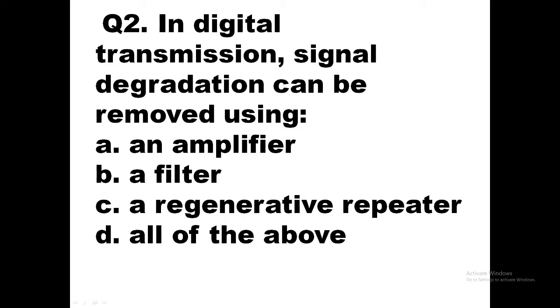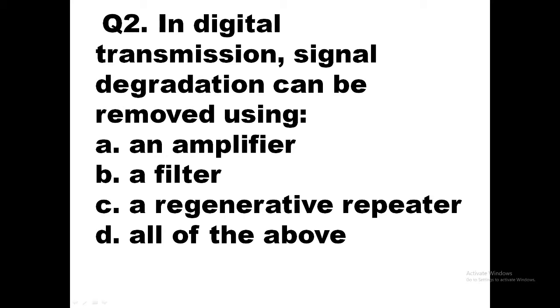When you represent binary 1 as a pulse and the amplitude of that pulse is reduced as the signal is traveling, then at some stage in between you have to generate that amplitude once more, so that logic 1 remains correct logic 1 and is not deteriorated. That means you should regenerate the pulse.